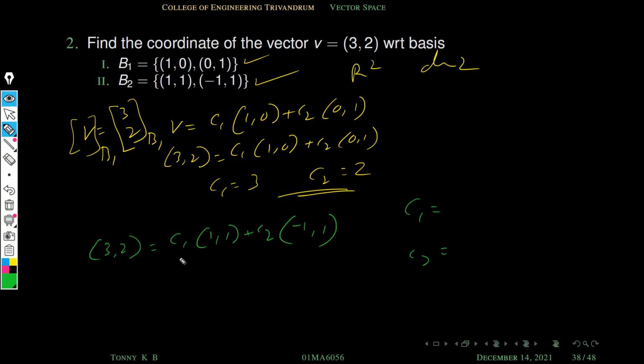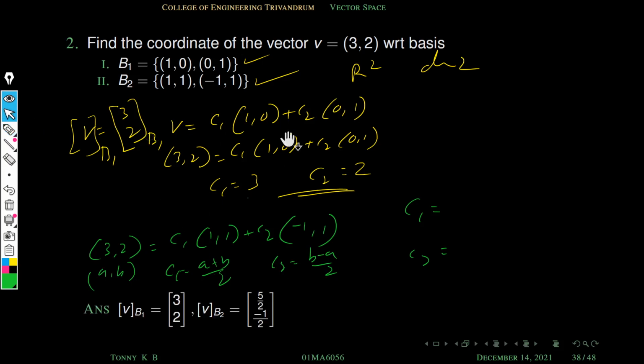We have seen that we can write c1 as (a + b)/2, if the vector is (a, b), and c2 is (b - a)/2. So c1 is 5/2 and c2 is equal to -1/2, because (3 + 2)/2 is 5/2, and (2 - 3)/2 is -1/2. So this is the coordinate of v with respect to b2, equal to (5/2, -1/2).